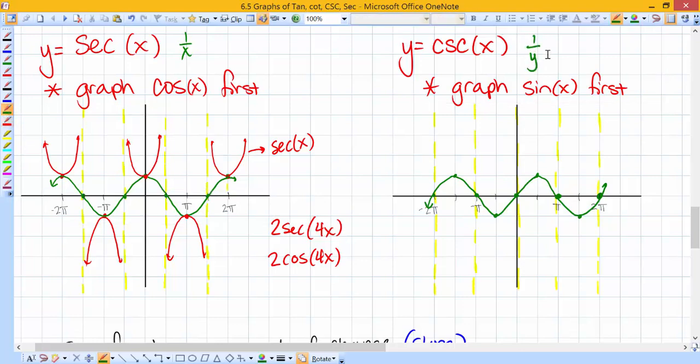You cannot have 0 in the denominator. It is undefined. And for the same reasons as the secant graph went away from cosine, cosecant will go away from the sine graph. So you have your 1 there, go away from this, everything in between 1 and negative 1.